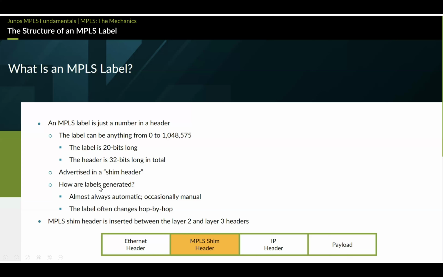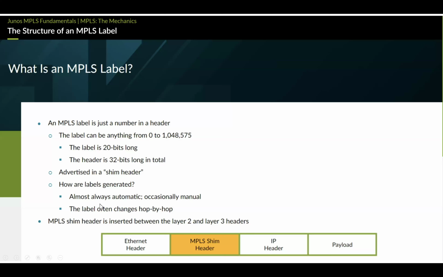How are labels generated? Almost always automatic, occasionally manual. You can generate the MPLS label manually, that is static, but in most cases we use dynamic, using LDP, label distribution protocol, or RSVP. The label often changes hop by hop.